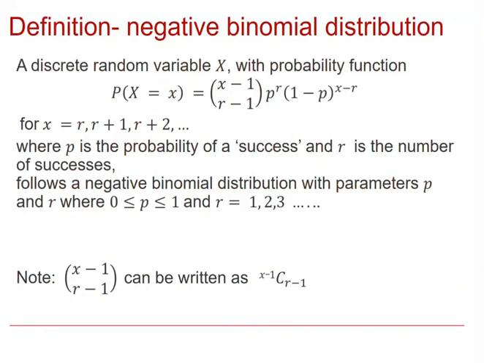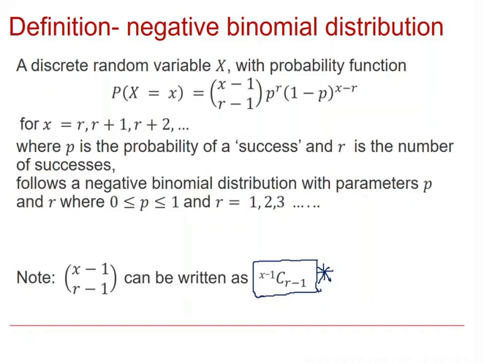The definition of the negative binomial distribution is quite more complex than the distributions you have met before. The probability function P(X = x) involves, and you can see in brackets there, x minus 1, r minus 1, and at the bottom of the page here you may be more familiar with this notation, and certainly on a calculator that's the notation you will use, and that's the notation you've been familiar with when you've worked with the ordinary binomial distribution.